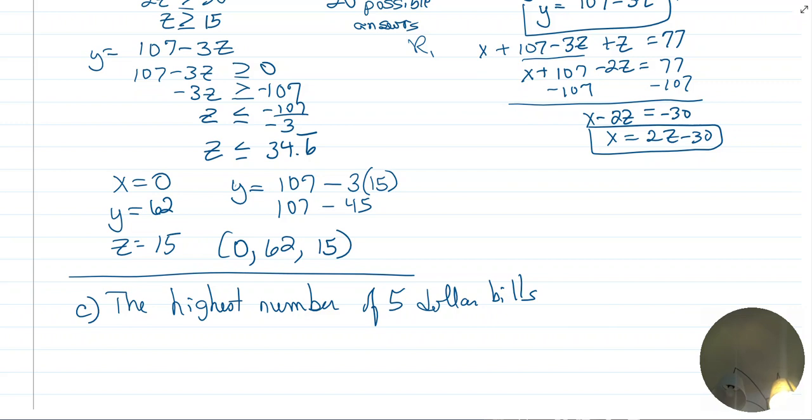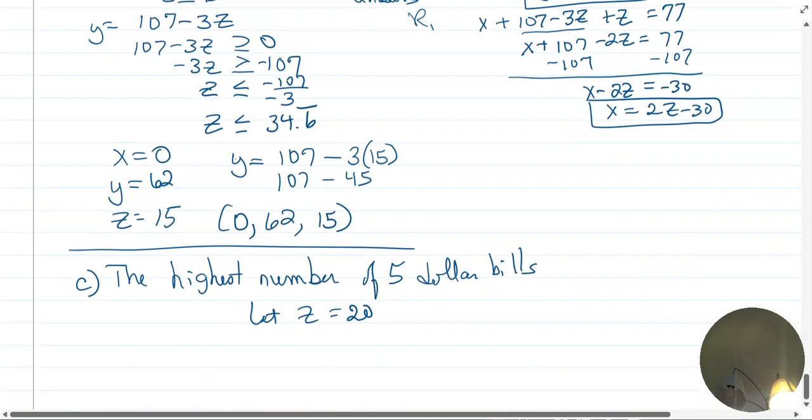We would want to reduce the number of everything else in order to make that occur. So, what would the math be for that? We would have 20 as z.